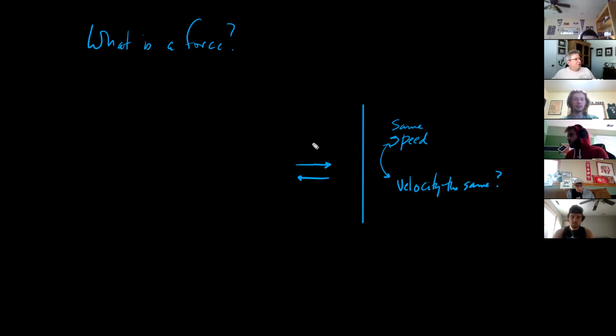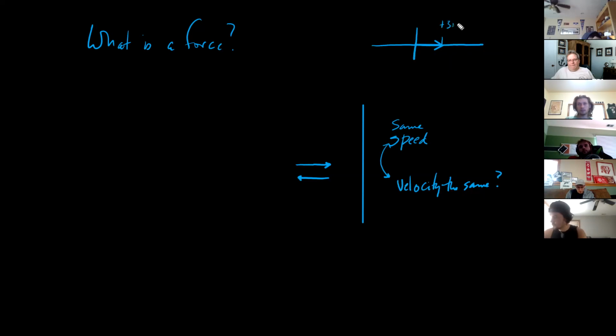Velocity has direction. So like this number line, this guy is moving at 30 miles an hour. This is plus 30. But when it comes back, now the vector, or now the direction, is in the opposite direction at 30 miles an hour, going in the other direction.